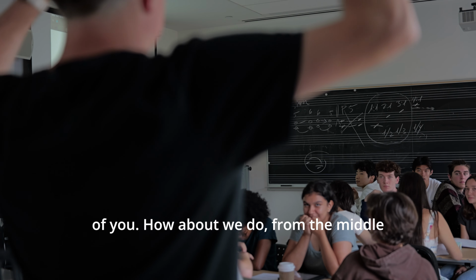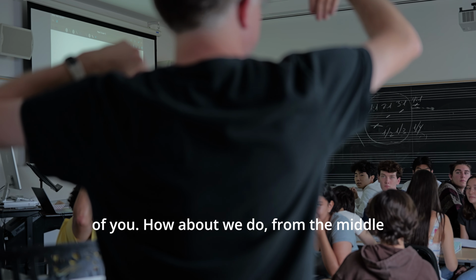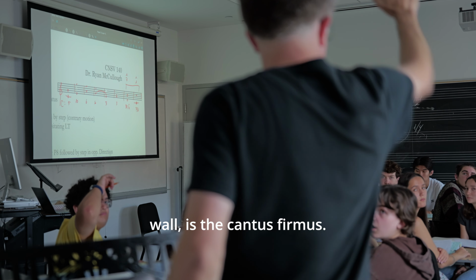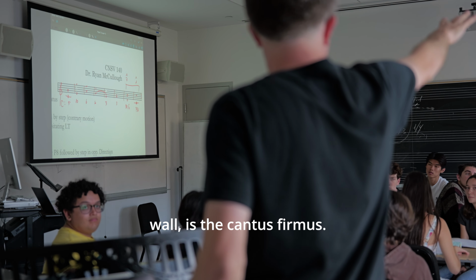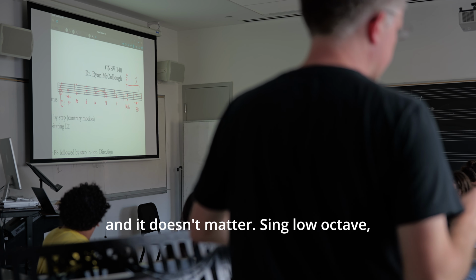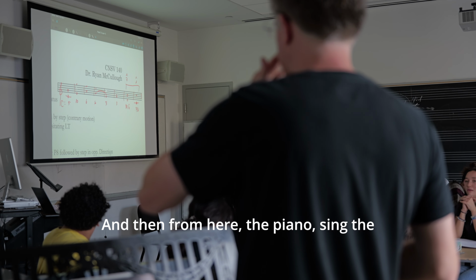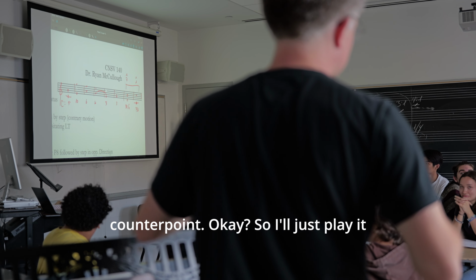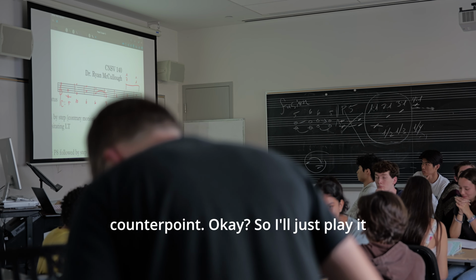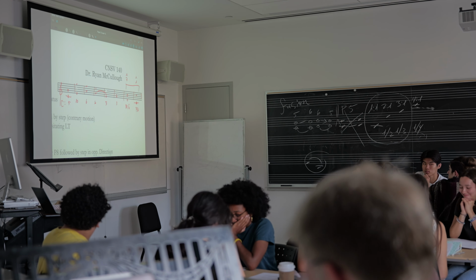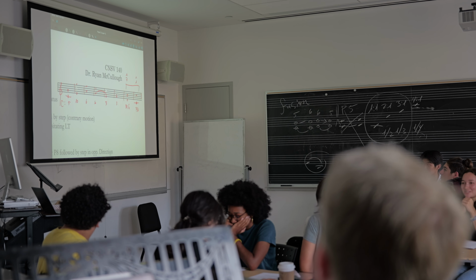How about we do from the middle of that center table to the wall is the cantus firmus. Okay? I don't care what octave you sing in. It doesn't matter. Sing low octave, high octave, doesn't matter. And then from here, the piano, sing the counterpoint. Okay? So I'll just play it for you. And I got to the piano. How about that? Okay, so here's our counterpoint.